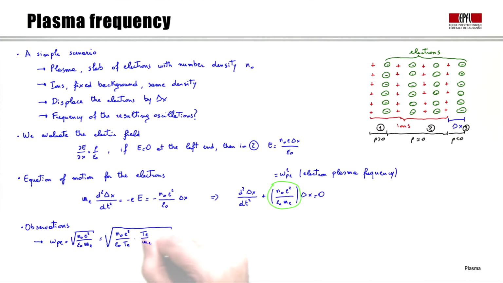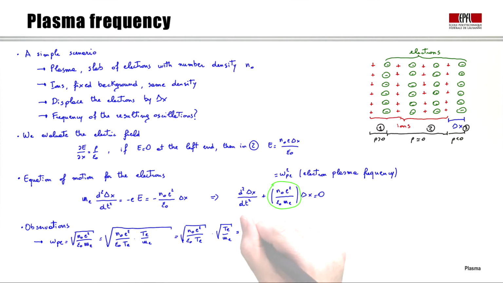And the first one, if you remember, is a quantity that we have just introduced, and is exactly equal to 1 over the electron Debye length, while the second one is what we are used to seeing as the thermal velocity of the electrons. So there is an easy correlation between the plasma frequency and the Debye length that passes through the thermal velocity of the electrons.